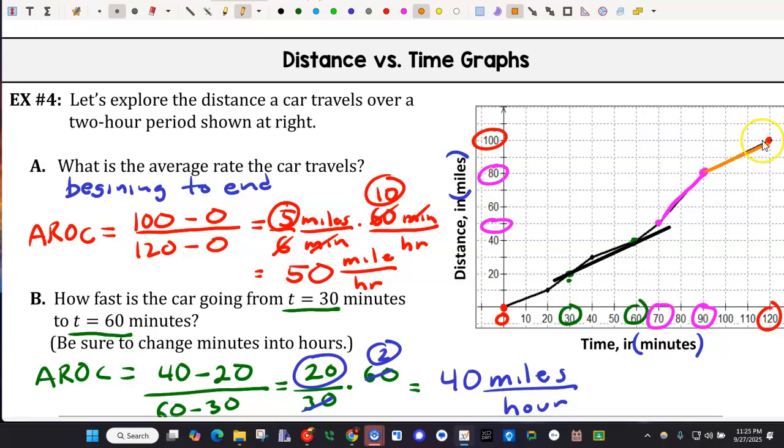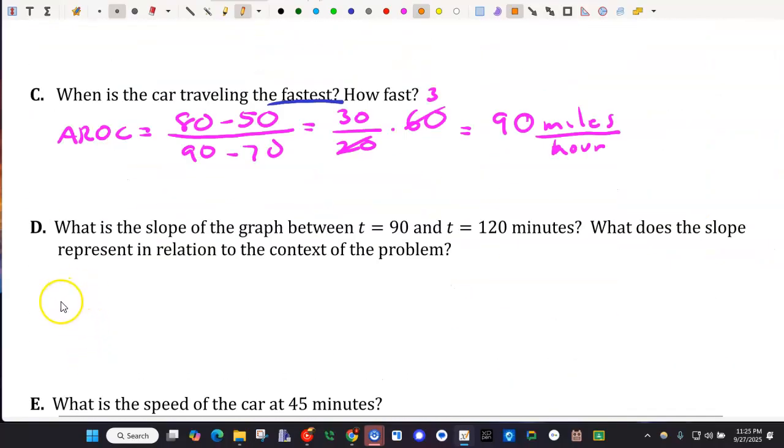It goes up from 80 to 100, that's 20. It's the same thing as doing 100 minus 80, the top of the problem, the numerator. So here I could say the average rate of change is going to be 20.